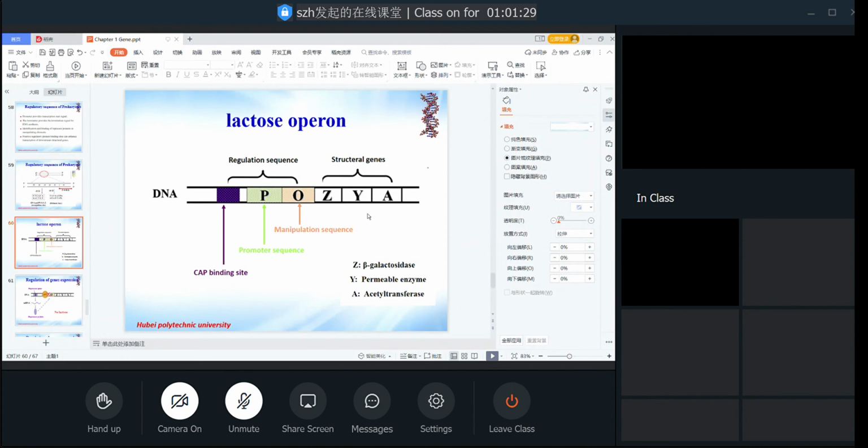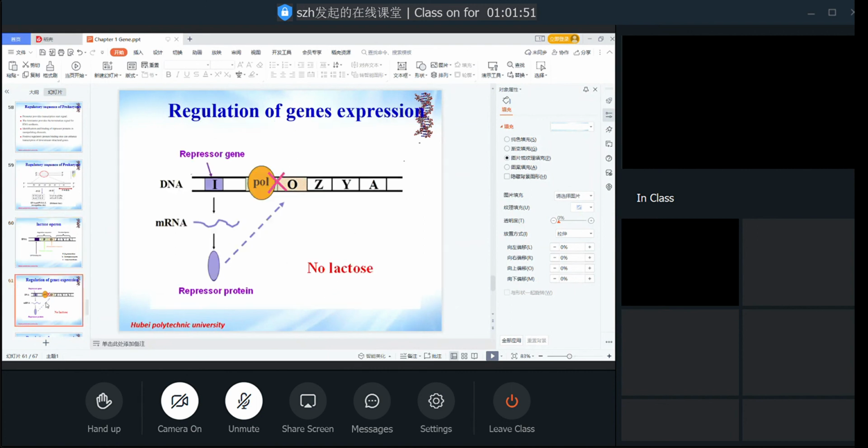You can see the promoter here contains the Pribnow box, contains the negative 35 region, and also the operator sequence and the CAP binding site.